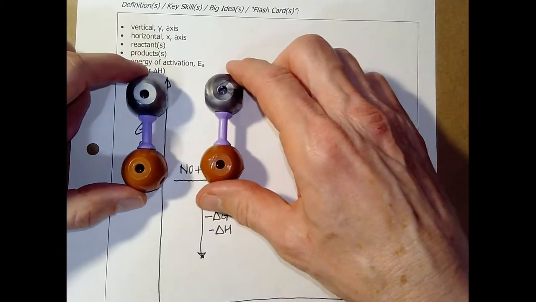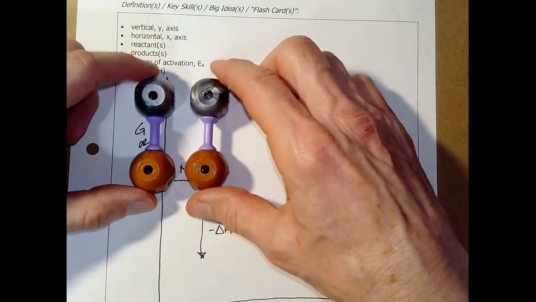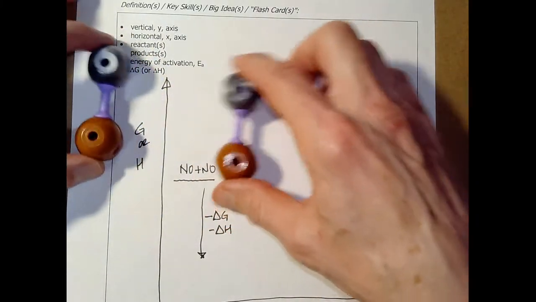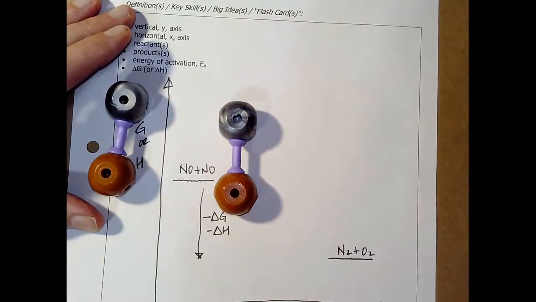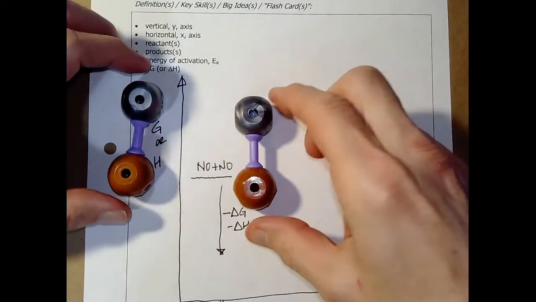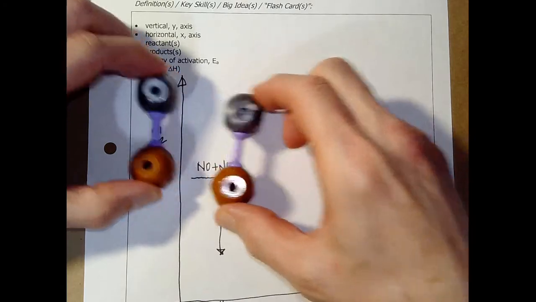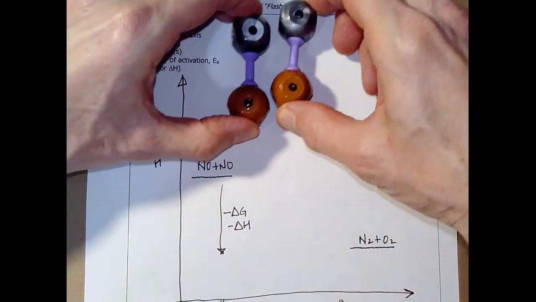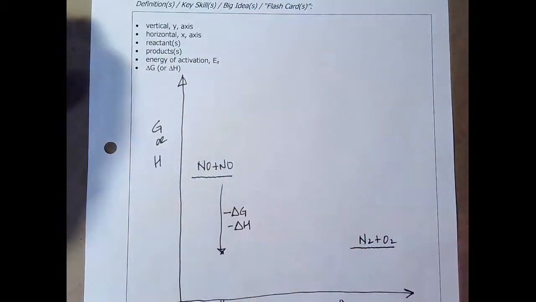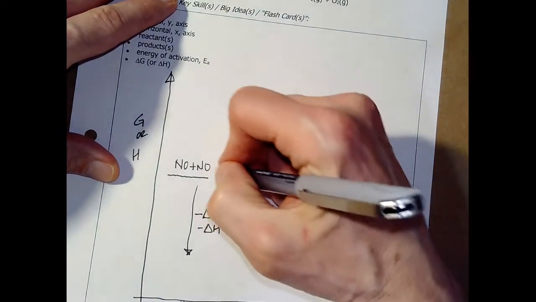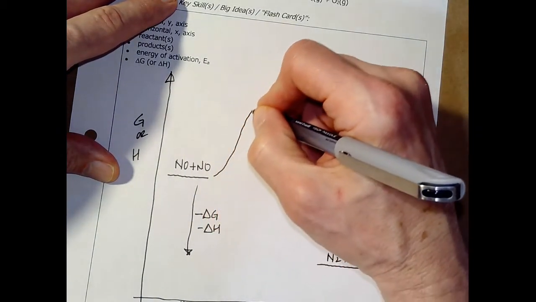There's electrons on the outside. They're minding their own business, this energy. As I push them together, they're like a spring. I'm compressing this thing. As I do that, the energy goes up. So as I compress those reactants, if I were measuring their energy, what I would find is they would go up and sort of crest there.